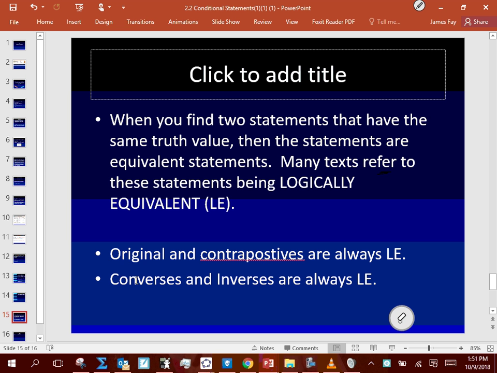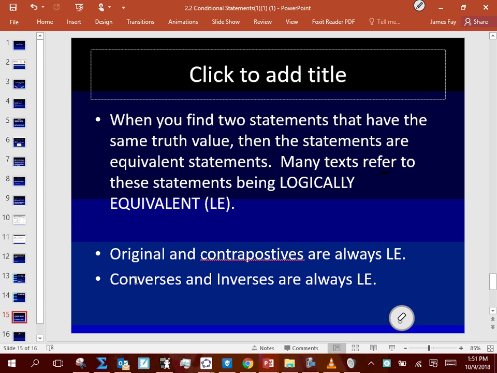If I have two statements that are both true, we say that they're logically equivalent. If I have two statements that are always both false, then we have two statements that are logically equivalent. So if two statements have the same truth value, the same true or falseness, we refer to them as being logically equivalent.